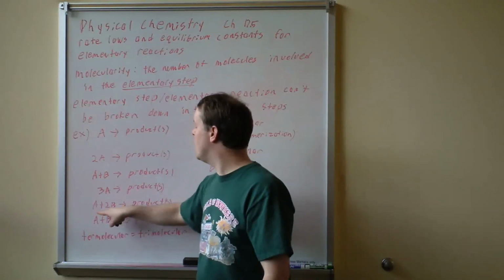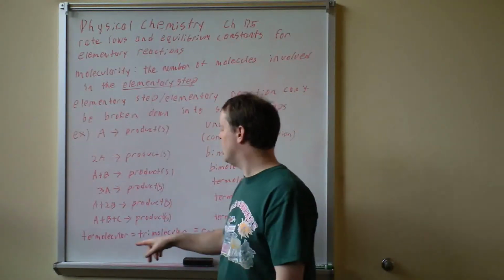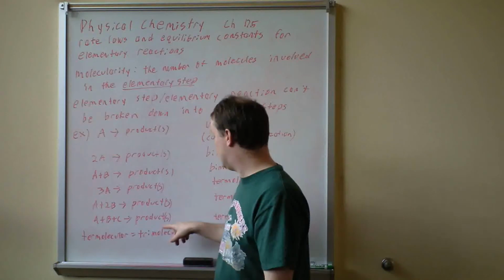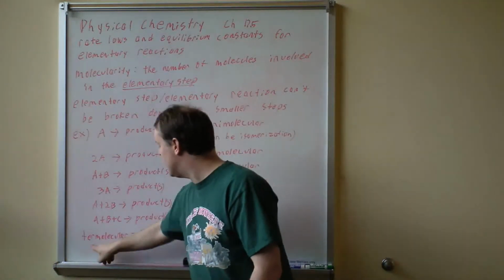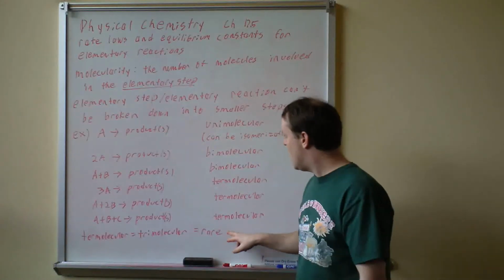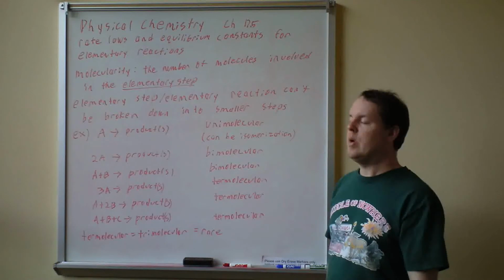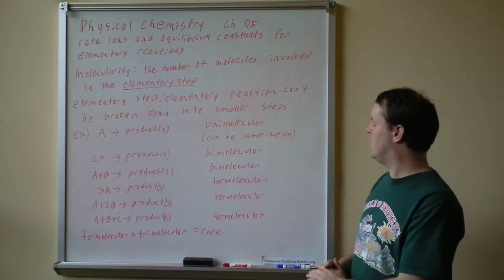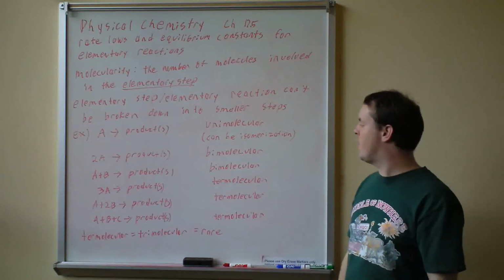Or you could have two of one and a different one, that would be termolecular still. Or you could have three different molecules going to products, and that would still be called termolecular. Termolecular is the same thing as trimolecular. And this is very rare because if you think about it, it's relatively rare to have three molecules in the exact same spot at the exact same time. It's much more likely that you'll just have a pair collide.